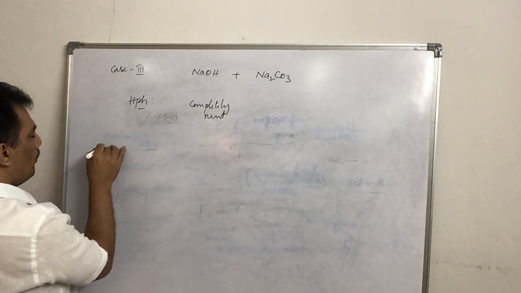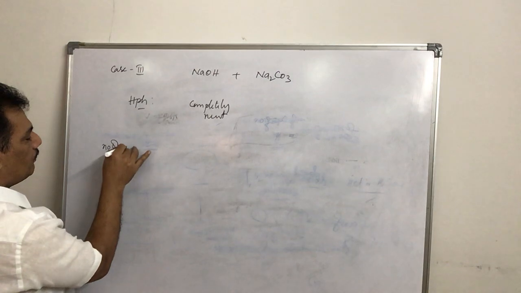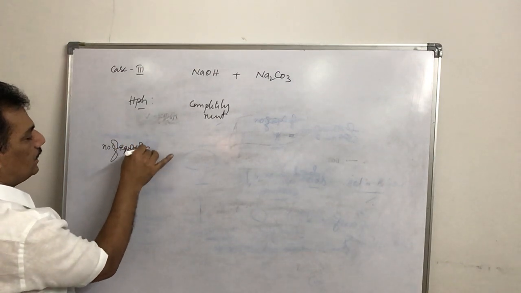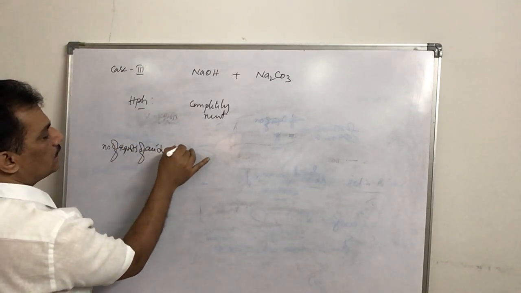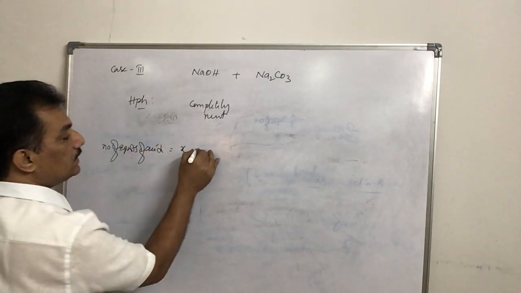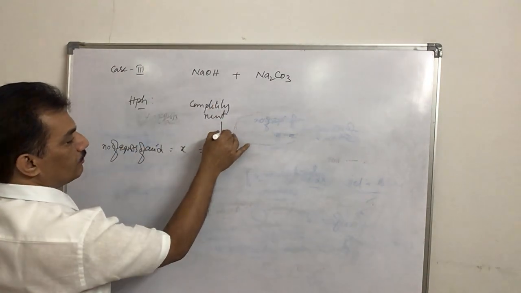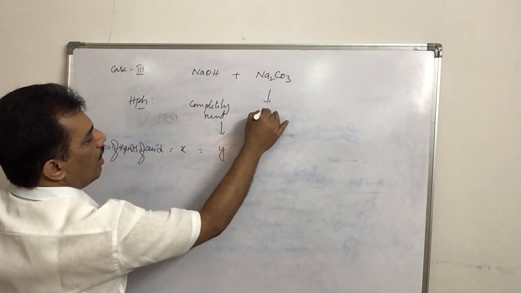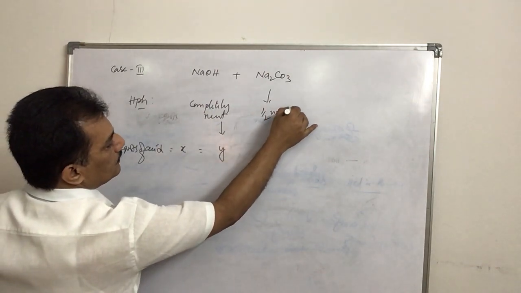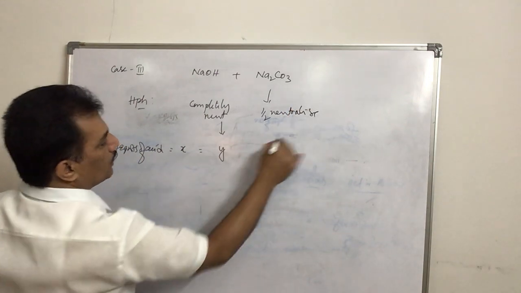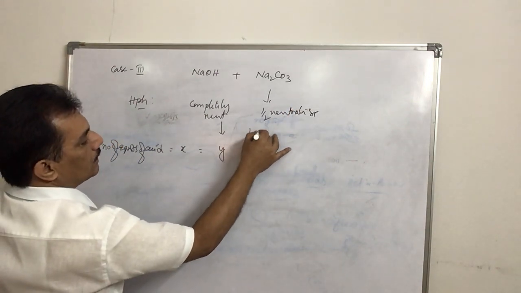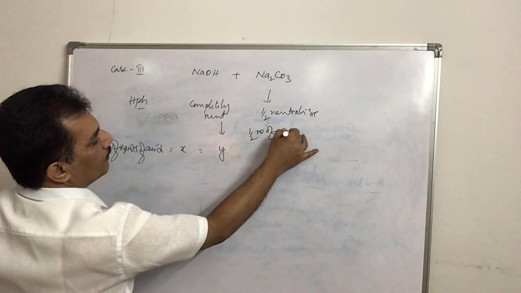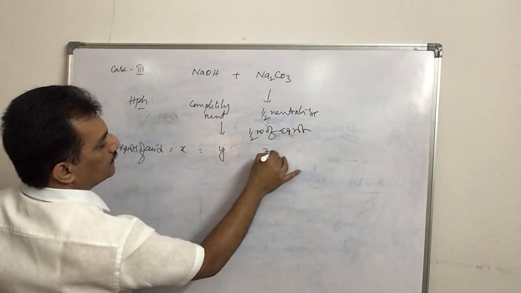So here the number of equivalent weights of acid, if we measure, is X. This is equal to Y, in case this is completely neutralized, plus Z, that is half the number of equivalent weights when it is half neutralized.